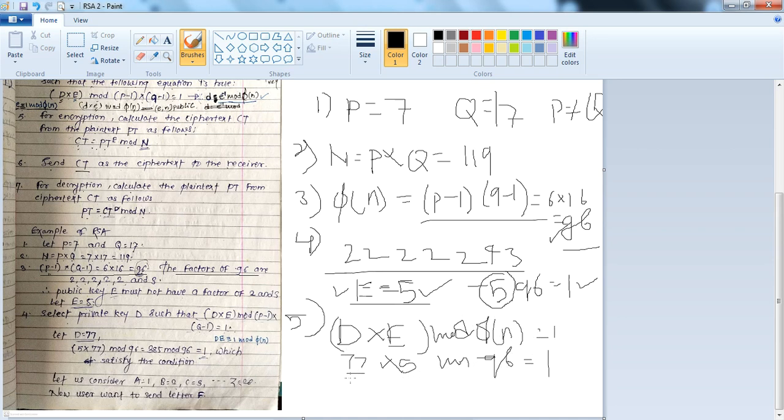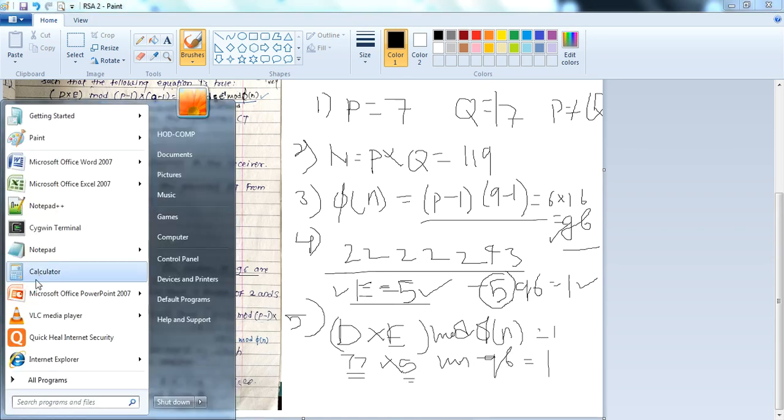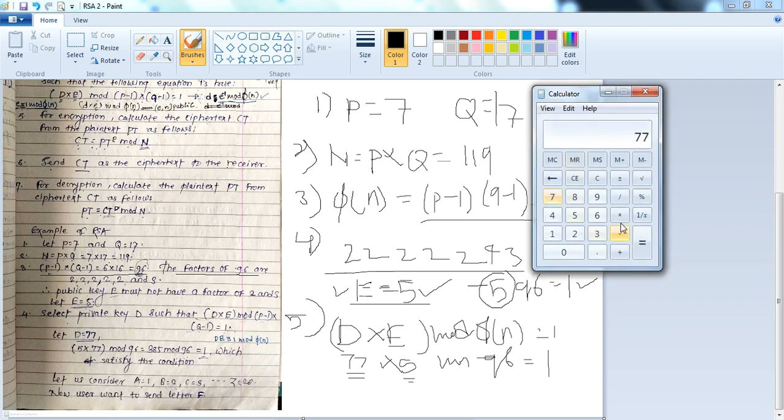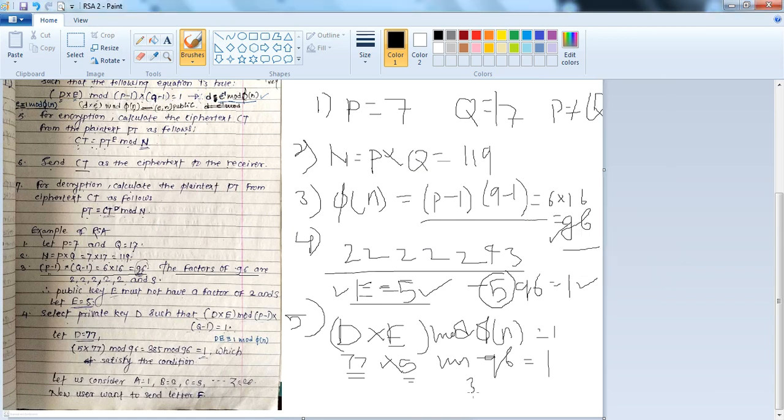If we calculate 77 into 5, it is 385, divided by 96. 96 into 4 is 384.